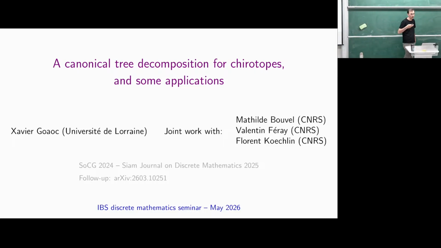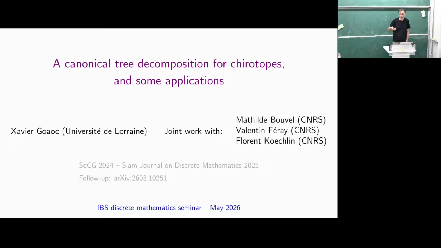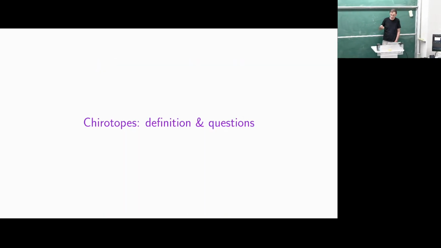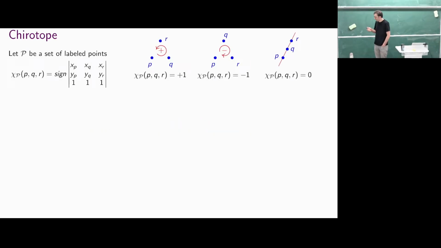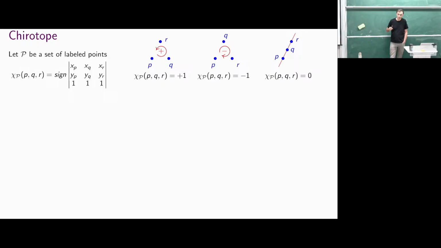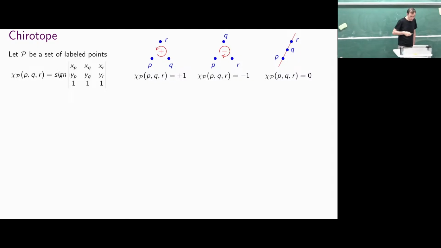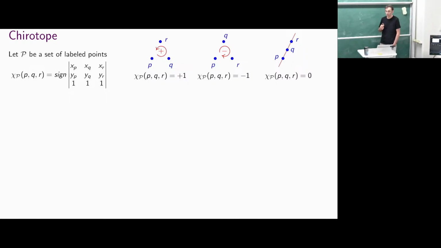The idea is we want to use combinatorial methods to do geometry. So we're going to encode geometry into a combinatorial object. That's what chirotopes are. So you start with a planar point set, P. Those points have labels. The labels are pairwise distinct, so the labels identify the point. And the idea of a chirotope is that for every ordered triple of points, we're going to record a sign.